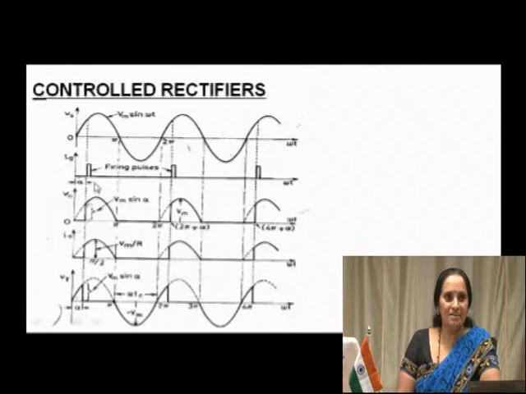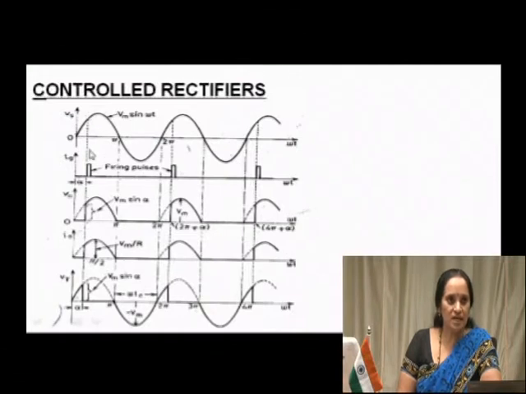The second waveform is very clearly, you could make out, the firing pulses. Firing pulses given to the gate, G I have written, please see, G means gate. So, at this instant of time I am going to fire, okay, at an alpha, alpha is the firing angle.